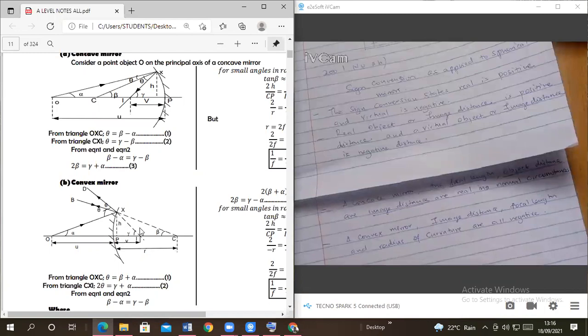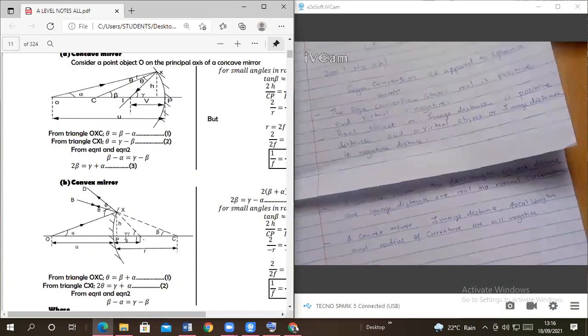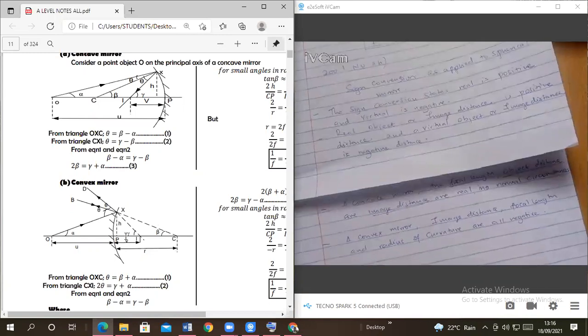So they are all negative, and they are virtual for a convex mirror. So that's what you have to note. When you are calculating and looking for F, R, and V for a convex mirror, you must get the final answer as negative.